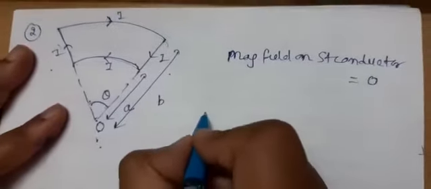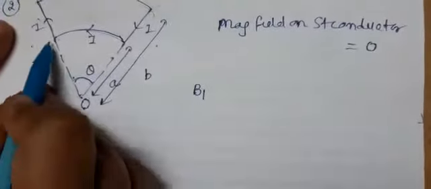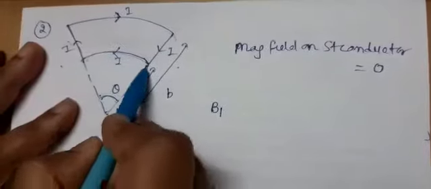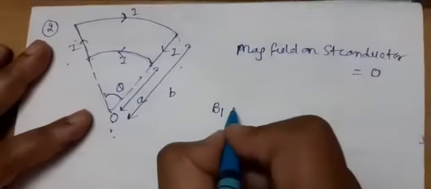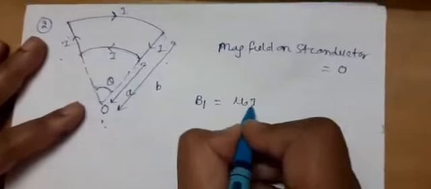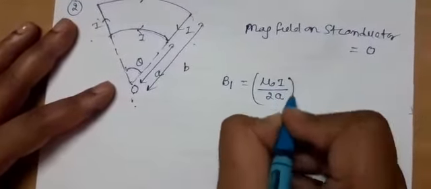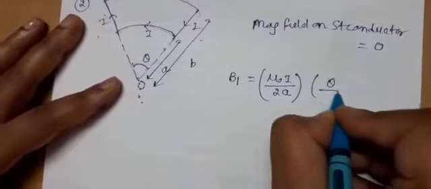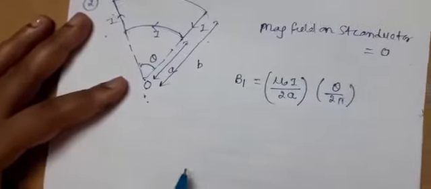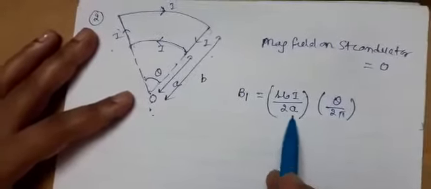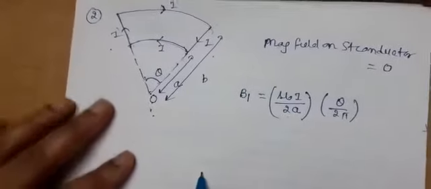The magnetic field due to the inner arc will have this formula. We can take the formula directly, I have already explained: mu naught I upon 2 into radius, multiplied by theta upon 2 pi, or mu naught I upon 4 pi A into theta. Both ways you can write.